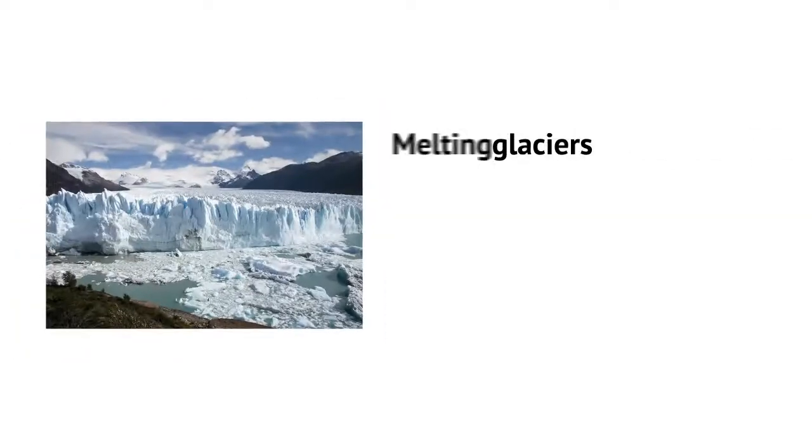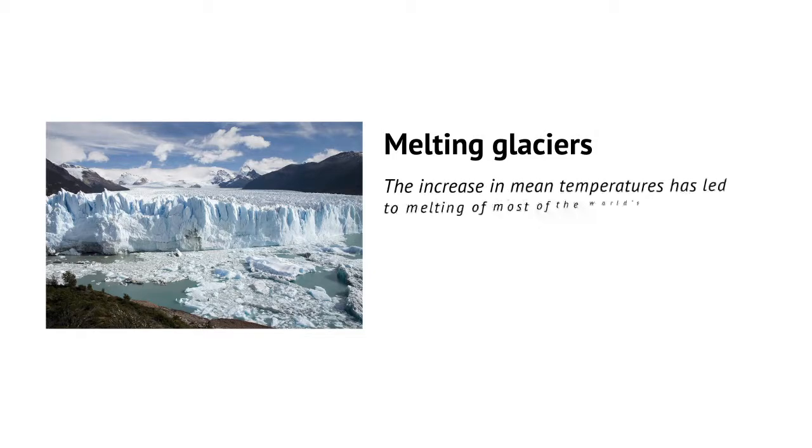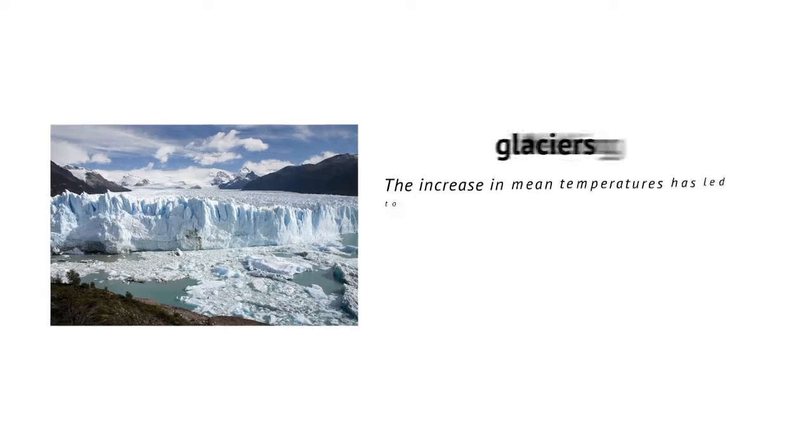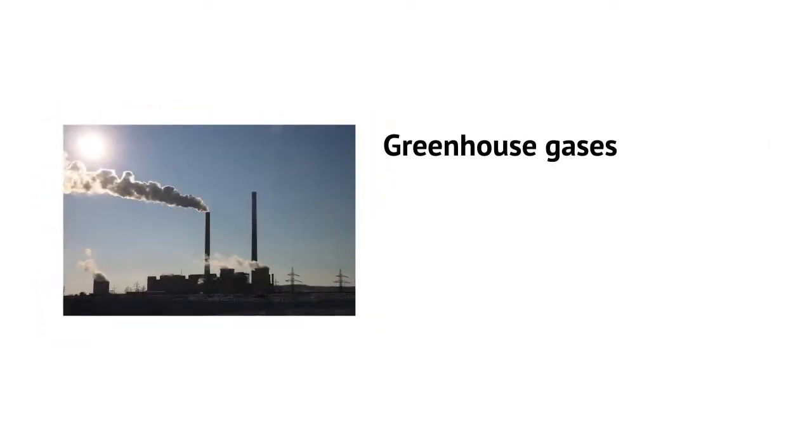It's very likely that you have heard a lot about these issues. Melting glaciers. Example: the increase in mean temperatures has led to melting of most of the world's glaciers. But what drives the increase in temperature? Greenhouse gases are a widely discussed source.